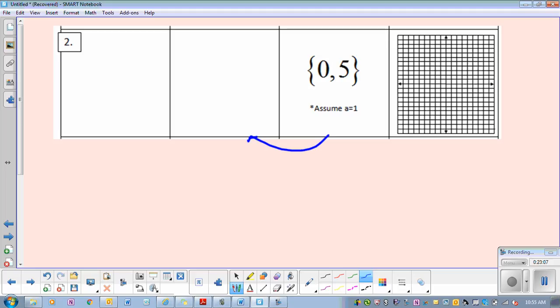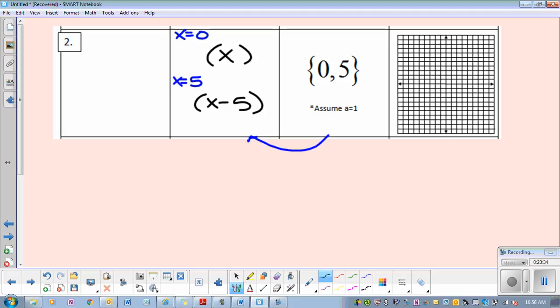So this means I have x equals 0, and I have x equals 5. Let's turn those into factors. My factor for this one is x minus 5. How about for x equals 0? Just x. Good.